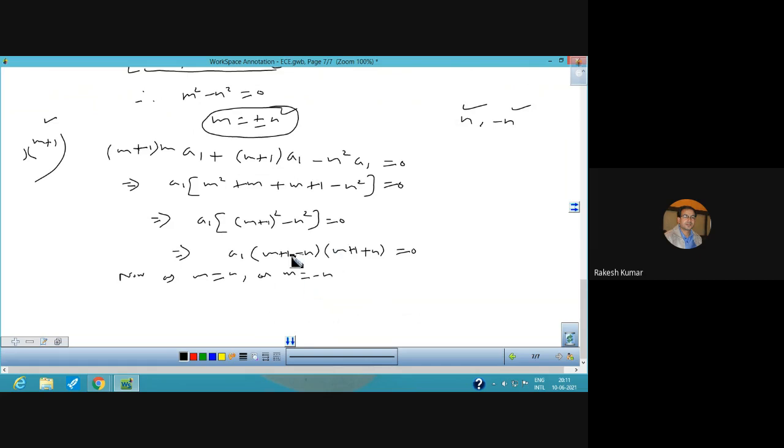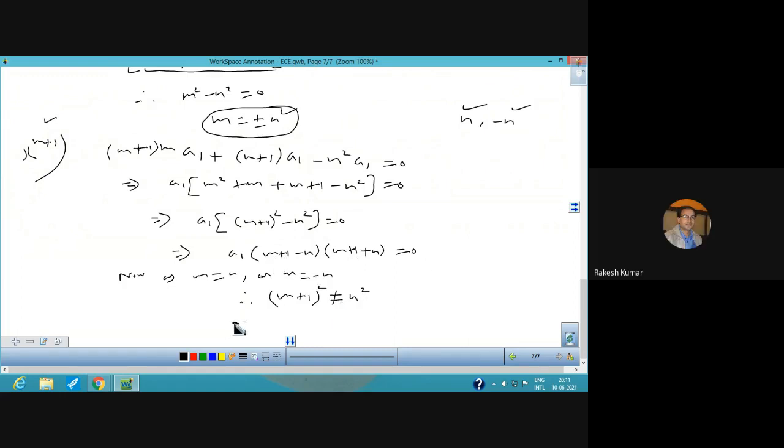So if m is equal to n here, अगर हम m की वैल्यू n भरते हैं तो ये बन जाता है n plus 1 whole square minus n square. So it cannot be equal to zero. ये वैल्यू चाहे ये वैल्यू, दोनों में से कभी भी जीरो नहीं आता है.